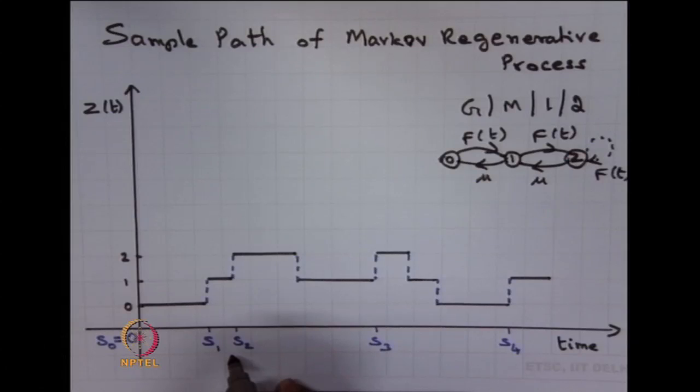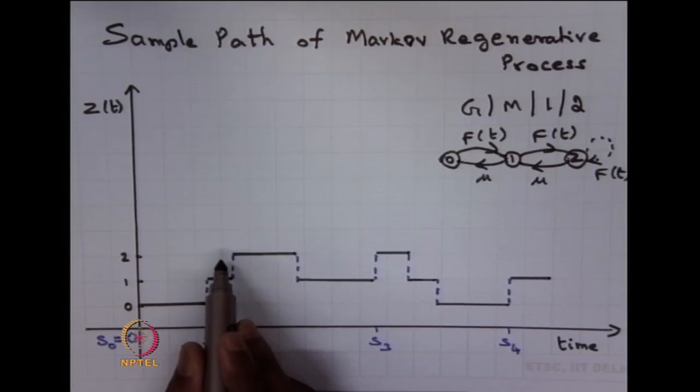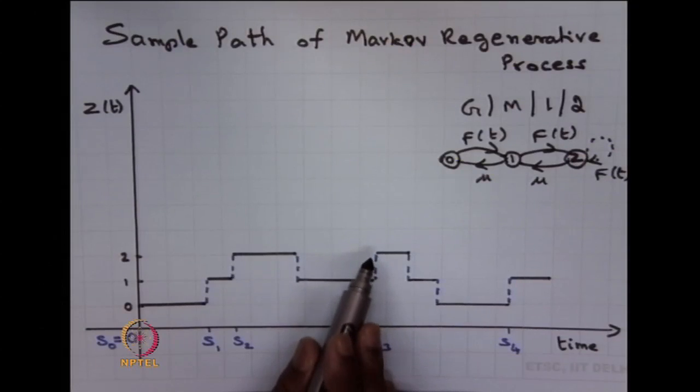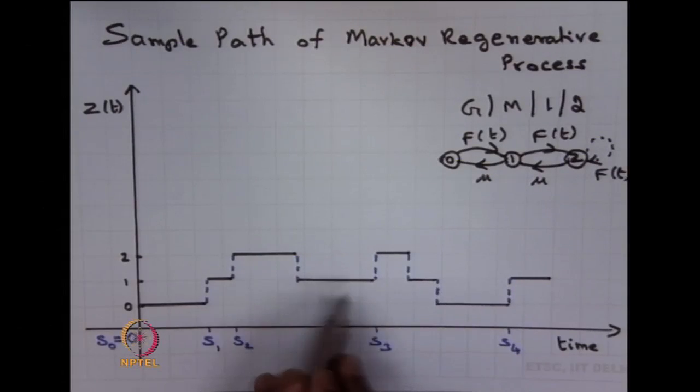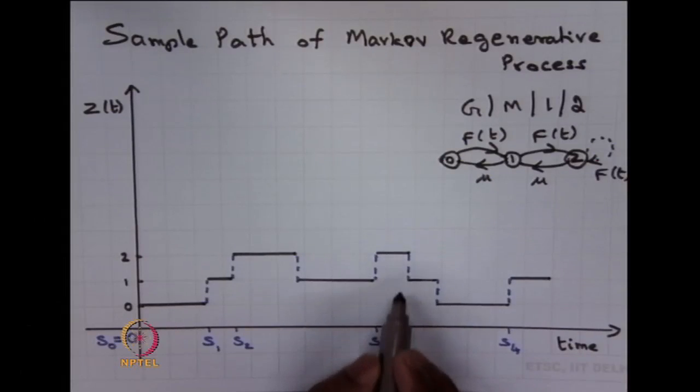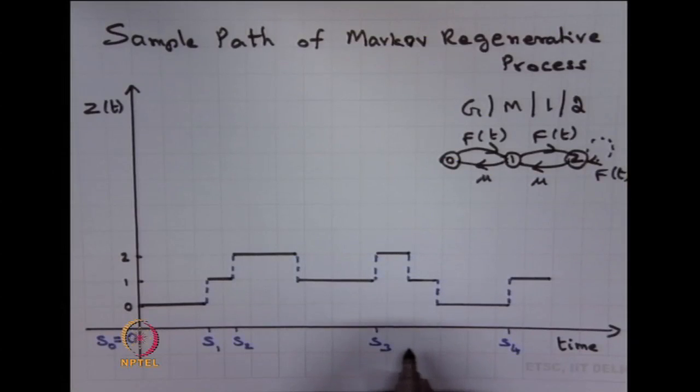At the time point S2, the system was in state 2, and at the time point S3 also the system is in state 2, but in between the system was in state 1 for some time. Similarly, between S3 and S4, the system was in different states. Even though transitions occur at those time points, the memoryless property is not satisfied, whereas at the arrival time epochs, the memoryless property is satisfied.